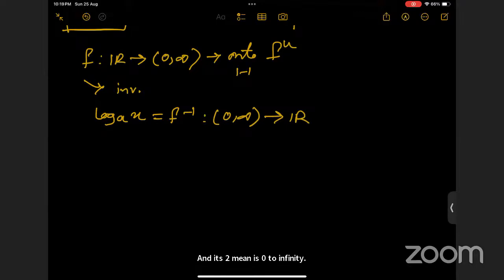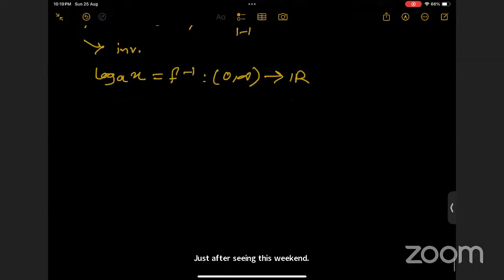So as it is an inverse function of the exponential function, the domain of the exponential function becomes the range, or codomain, of the logarithmic function, and the codomain of the exponential function becomes the domain of the logarithmic function, right?